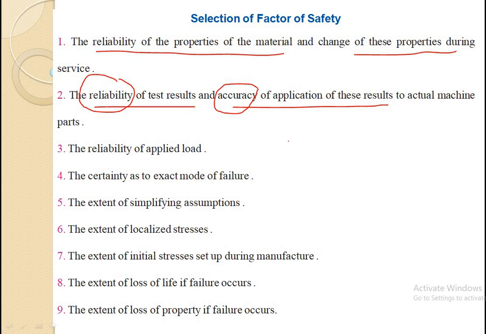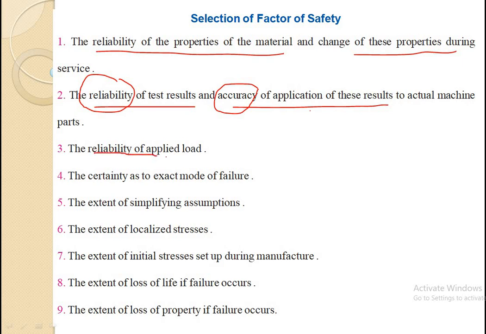Means if the result says that its yield point stress is 380 Newton per mm square, but the results are not accurate and suppose its yielding stress will be 300 Newton per mm square, now in this case we have to go on the higher side, because whether the results are accurate or reliable, we don't know. That's why, by considering the reliability and the accuracy of the test results, we have to select a factor of safety.